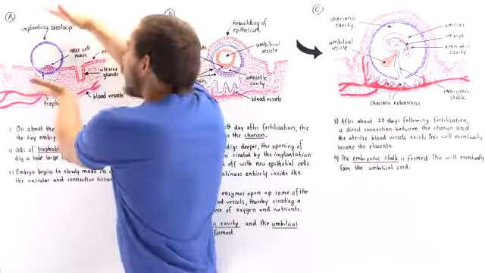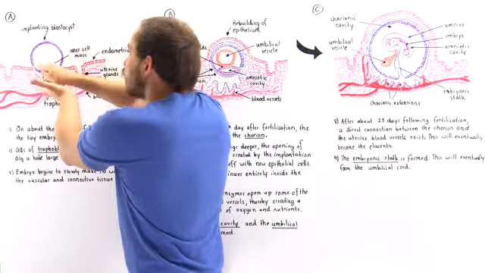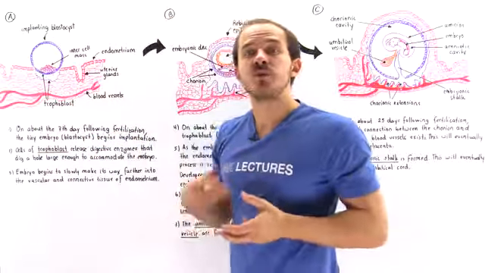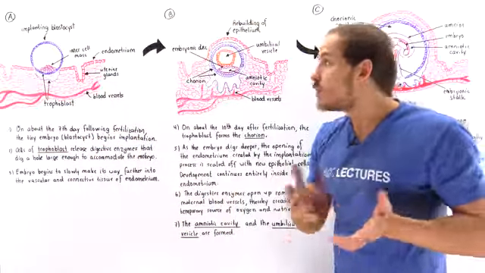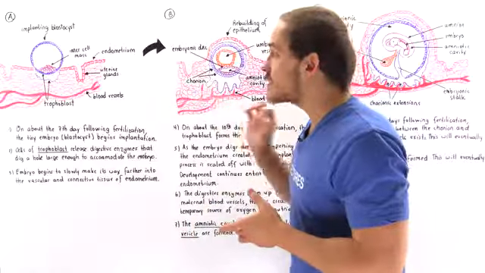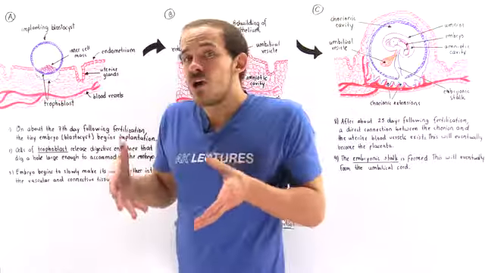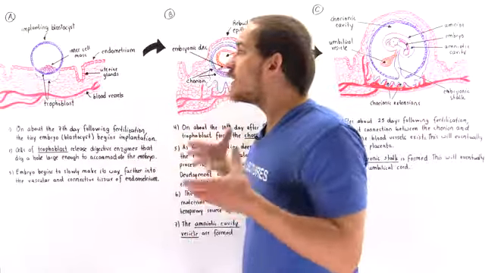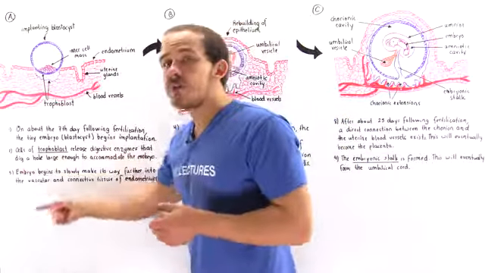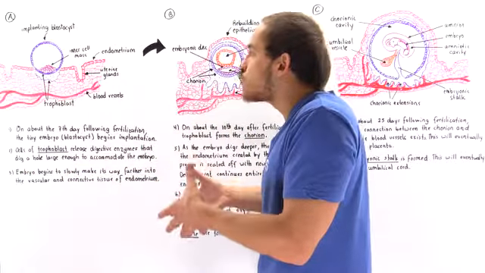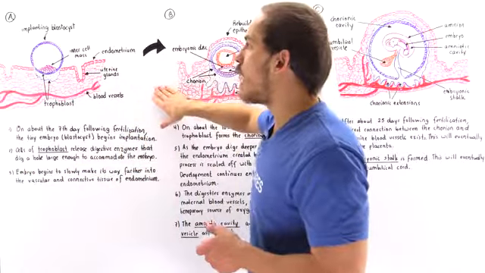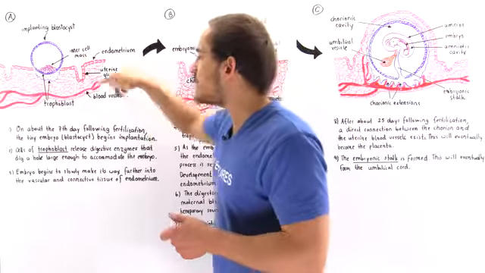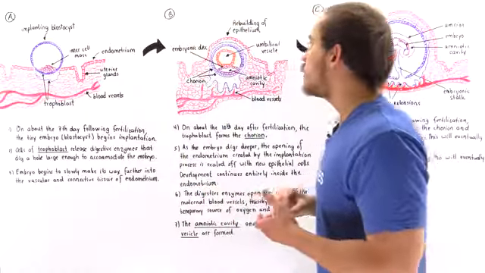As soon as attachment takes place, the cells of the trophoblast, these dark purple cells, begin to release digestive enzymes. These enzymes dig a hole inside the endometrium that can accommodate the implanting embryo. So the embryo slowly begins to make its way into the endometrium of the uterus. Implantation takes place on about the 7th day following fertilization.